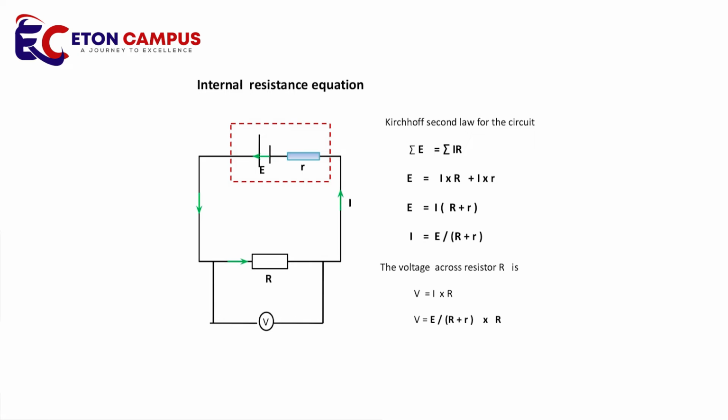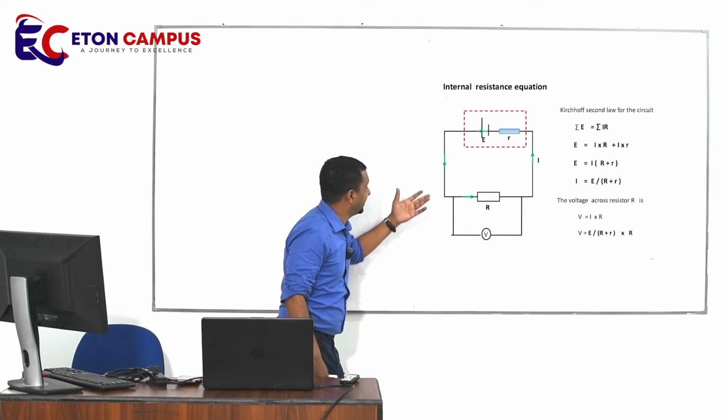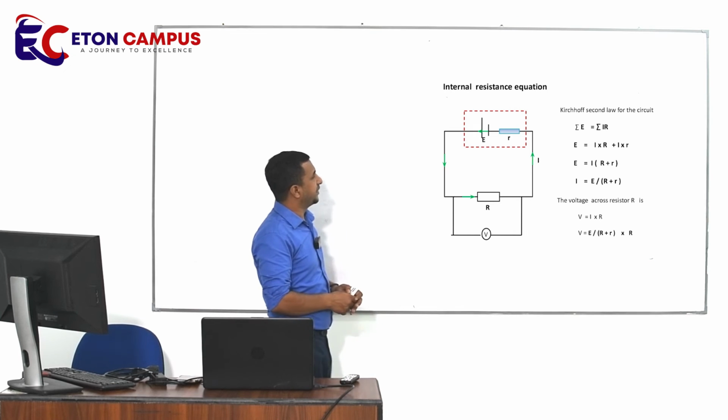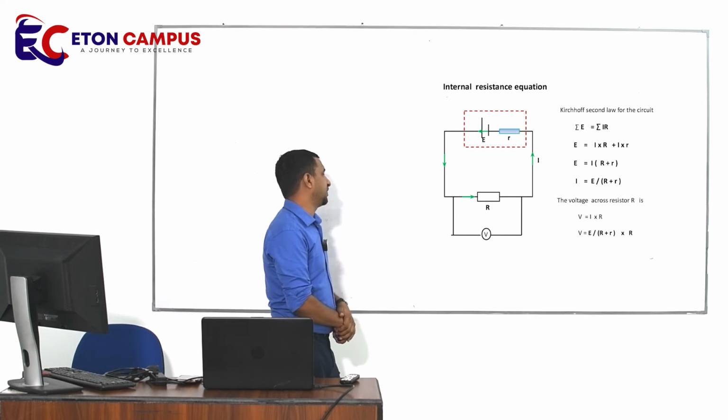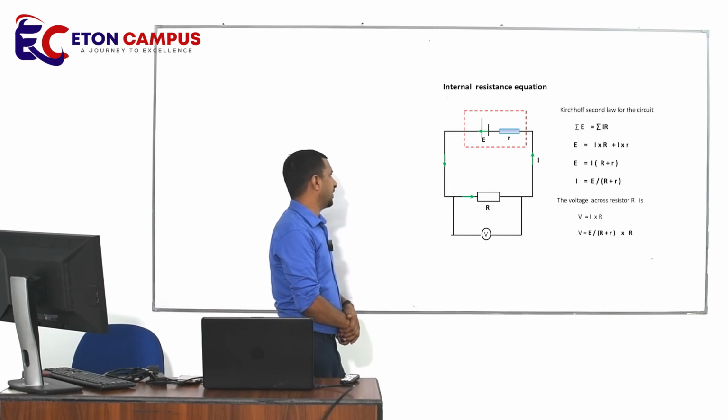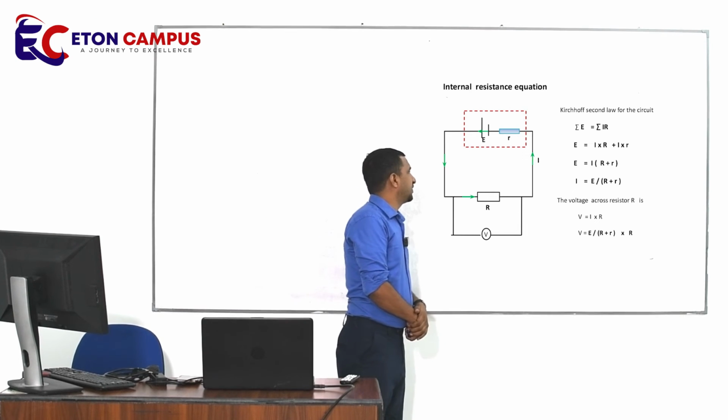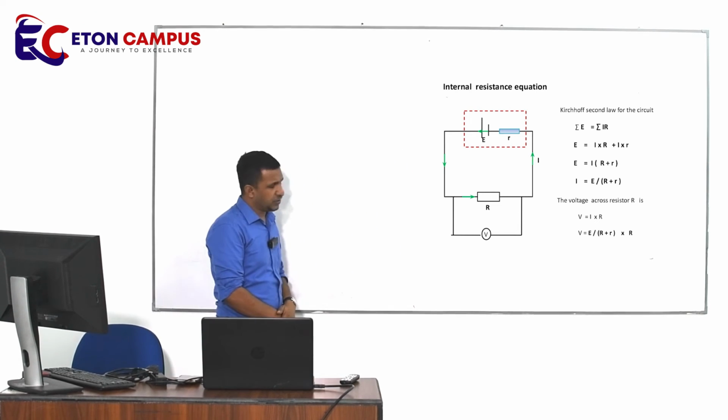Now you have the circuit here connected to an external resistor R, and I am measuring the voltage across the external resistance by connecting a voltmeter. So let us derive the equations.